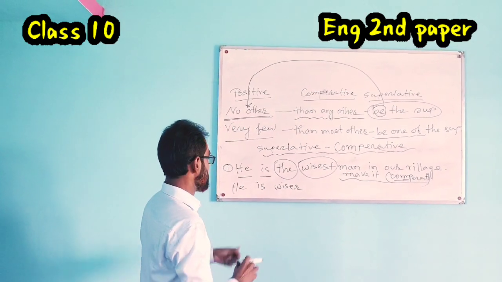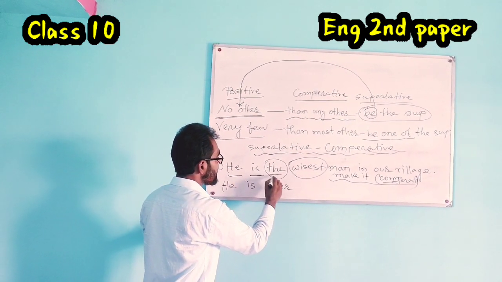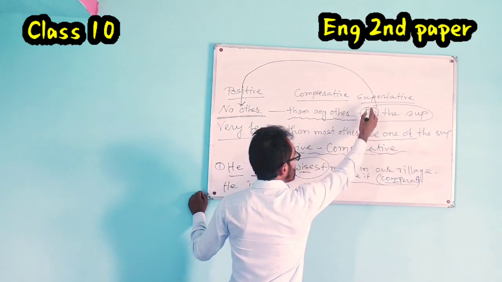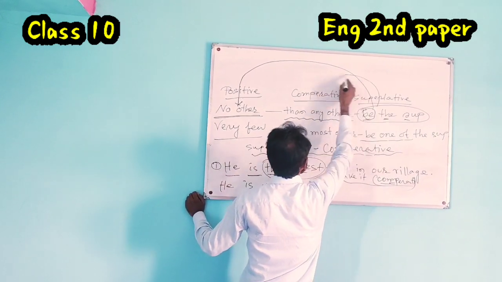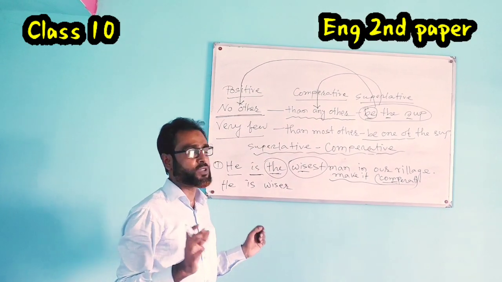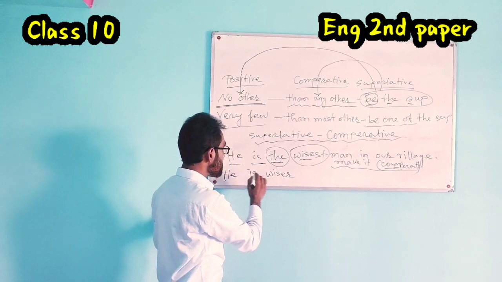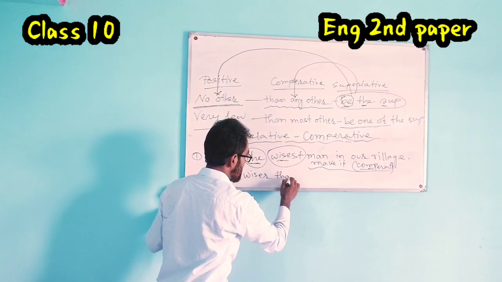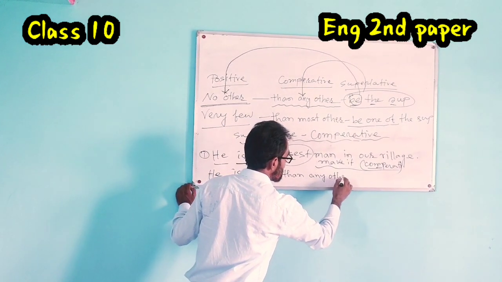Now this is a sentence with "be the" plus superlative. So we need "than any other" if we want to transform it into a comparative degree. He is wiser than any other.